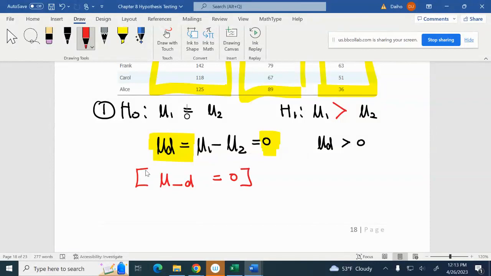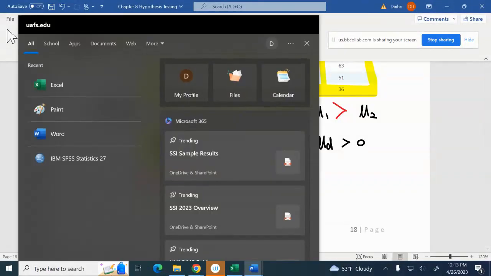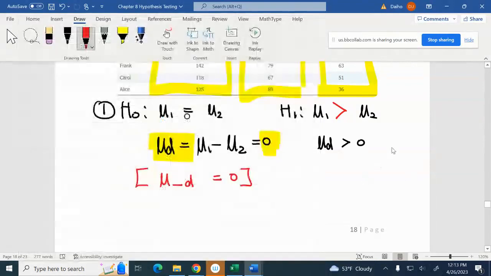Do you know where is underbar? It's on the keyboard, right? Click the shift and keep it at the minus sign, the dash. The shift minus sign is the underbar, and plug in the d, then that will be mu d is equal to 0, in the homework.